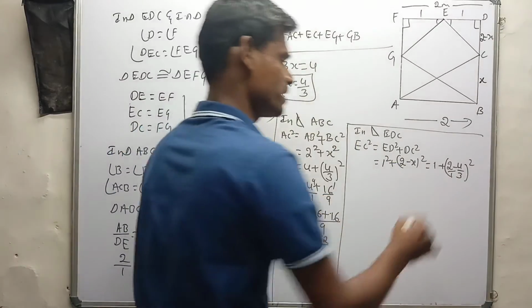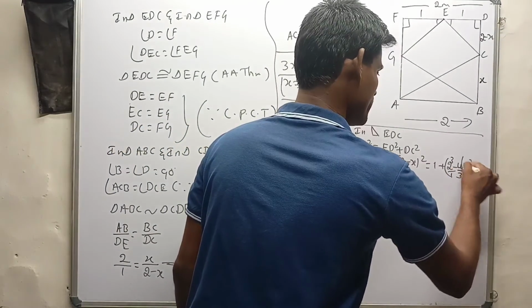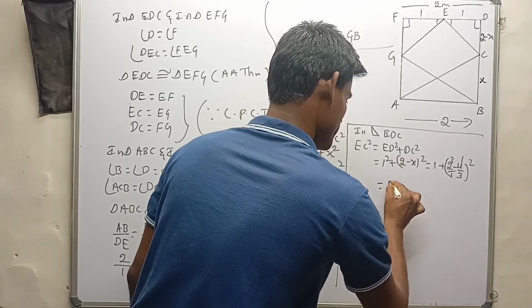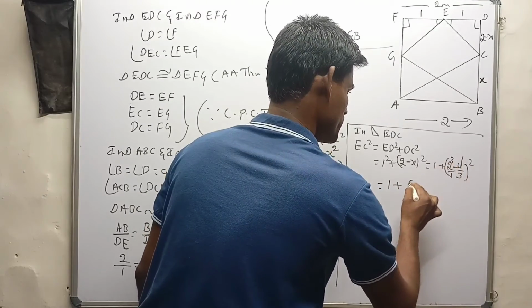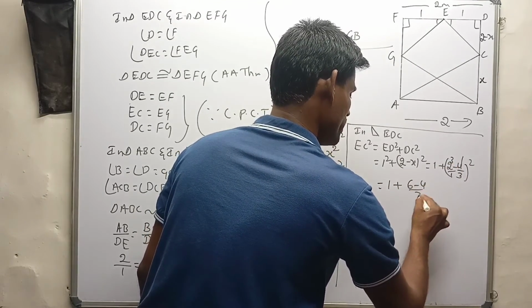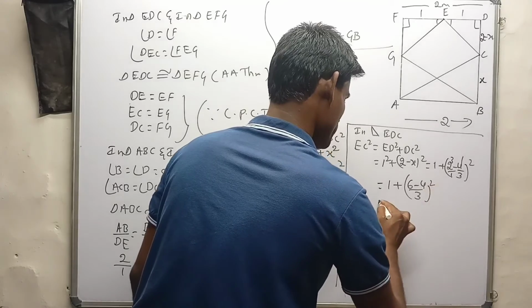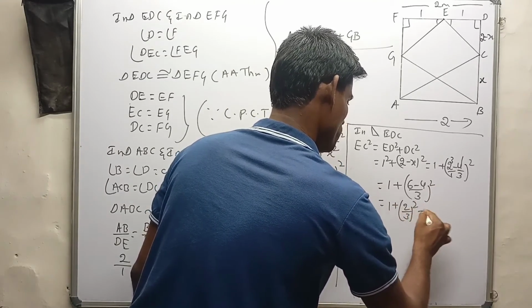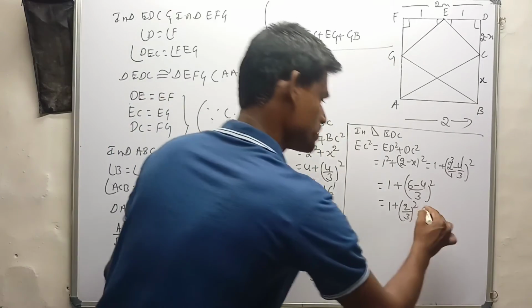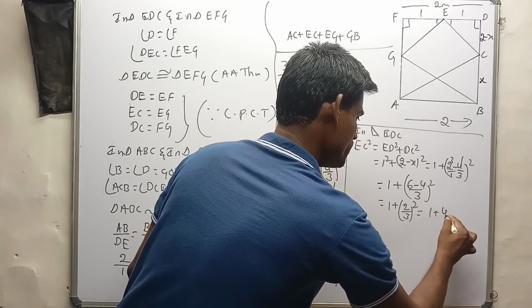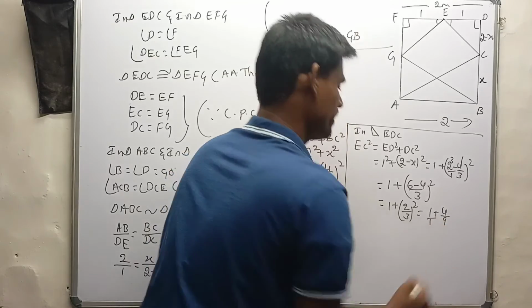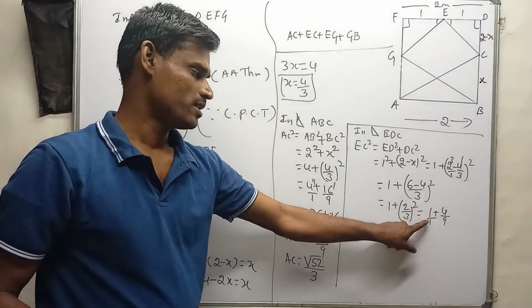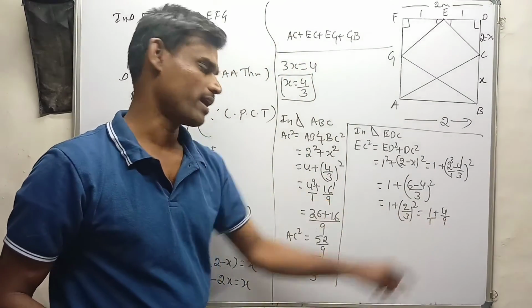LCM of 1 and 3 is 3. So 1 3s are 3, here we get 1 plus 2 3s are 6 minus 4, divided by 3 whole square, which is equal to 1 plus 2 by 3 whole square, which is equal to 1 plus 4 by 9. Here also, LCM of 1 and 9 is 9.